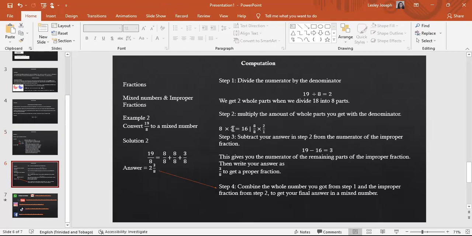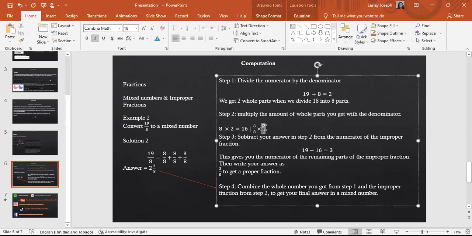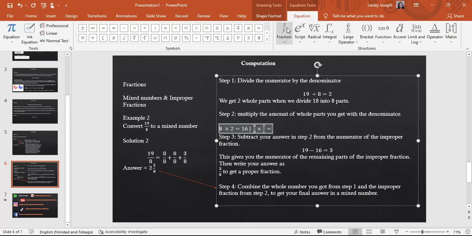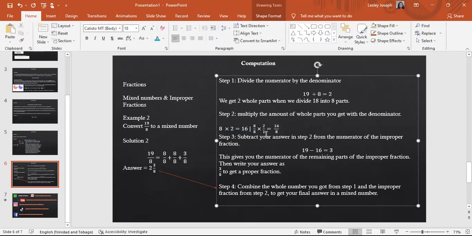That is essentially what this 8 multiplied by 2 means, right? So when we do that, 8 multiplied by 2 will give us 16, and 8 multiplied by 1 will give us 8. So what we are actually getting here is 16 eighths, right?